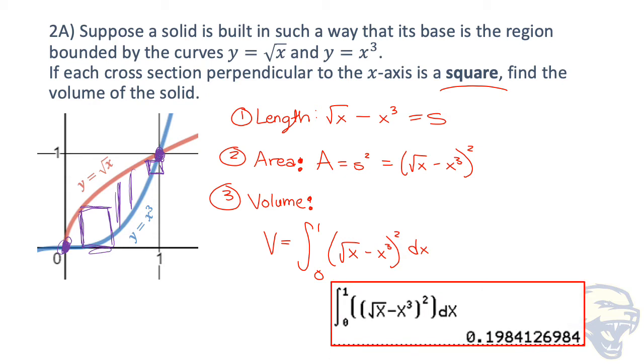So the integral from 0 to 1, and make sure you're careful with the parentheses, right? The calculator is going to give you a few parentheses anyway. You then need another set of parentheses, and make sure that your square root stops before you get to the minus. So root x minus x cubed, all of that in a set of parentheses squared, and then dx.